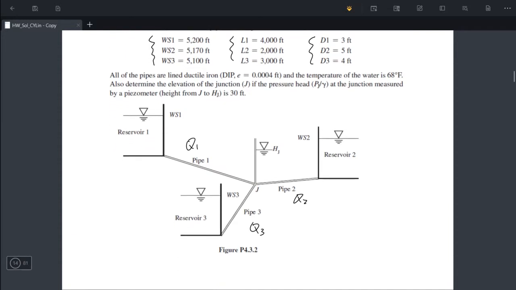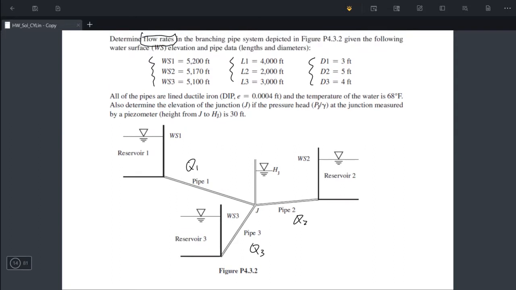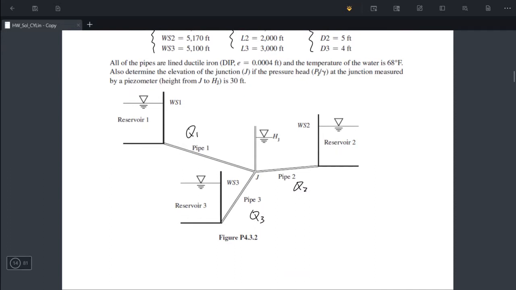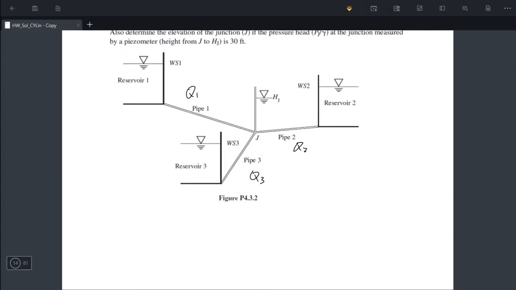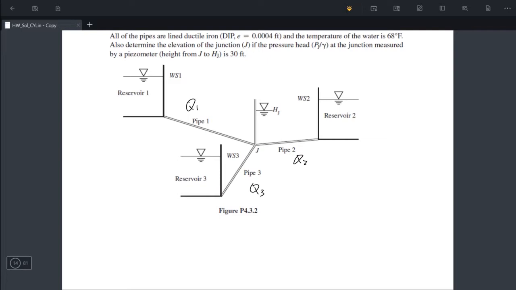Okay, so how do we calculate the flow rate? To calculate the flow rate inside a pipe, we need to know the velocity. And to solve for the velocity inside a pipe, we can use the energy equation. So, for example, if we want to solve for the velocity in pipe 1, we can write down the energy equation between reservoir 1 and this junction.